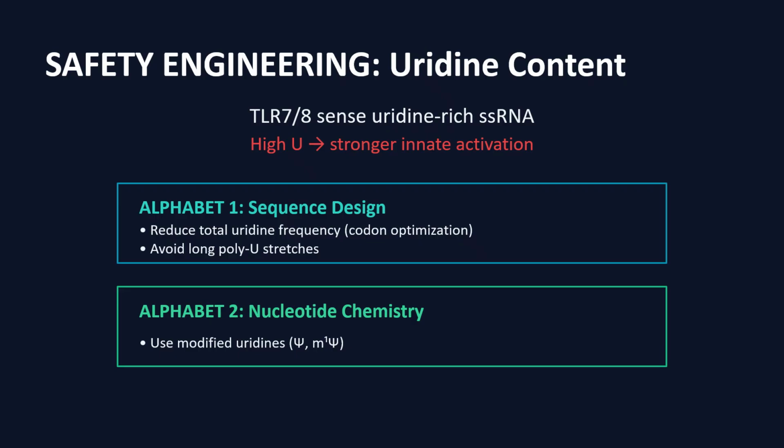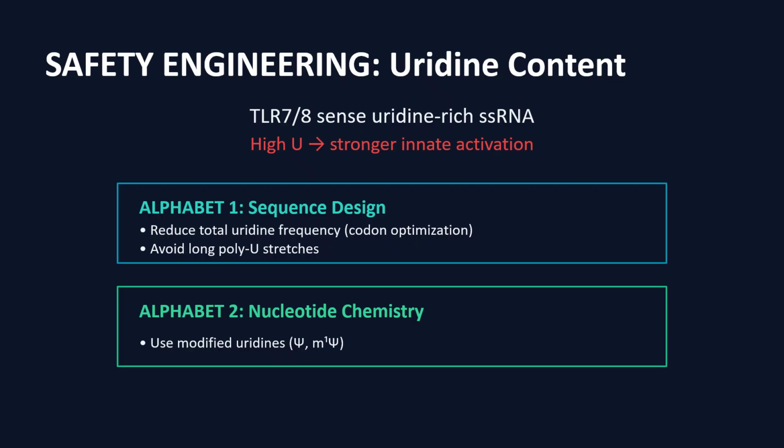Okay, so now let's talk about uridine content and a bit of safety engineering. Uridine driven innate sensing can be controlled at two different levels. First is sequence composition. We can reduce total uridine frequency through codon optimization, and if possible avoid long poly U stretches.